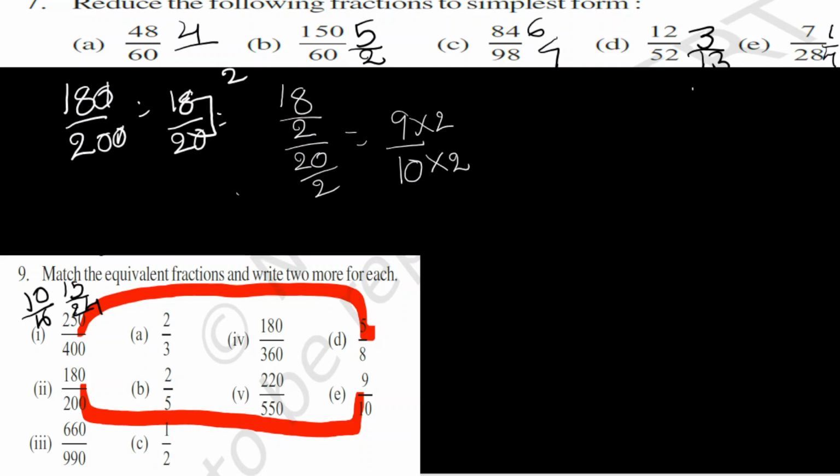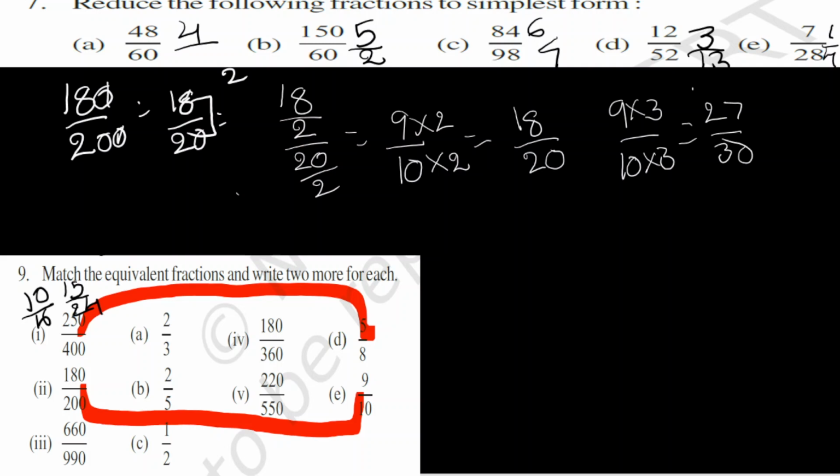Let's multiply with the same number 2. 9 twos are 18, 10 twos are 20. And let's multiply both the numerator and denominator with the same number 3, 27 by 30. So 18 by 20 and 27 by 30 are also the equivalent fractions of 180 by 200.